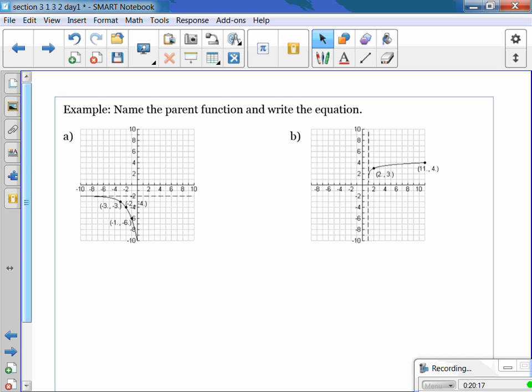So when it tells you, starting off with naming the parent function, we can get transformations. If it doesn't give you one to start with, assume that your a is a 2. So 2 to the x.